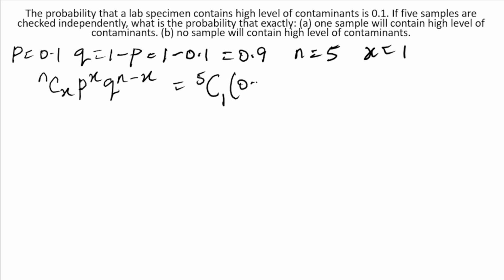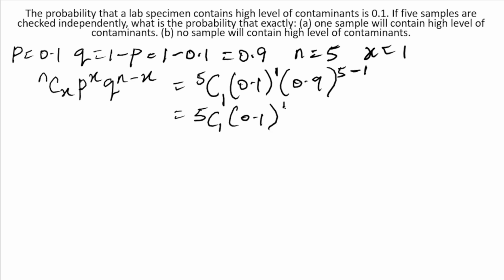P here is what? 0.1. X is what? 1, okay? Then q is 0.9. n minus x means what? 5 minus 1. Okay, so this will be 5 combination 1, 0.1 raised to the power of 1, and 0.9 raised to the power of 4.